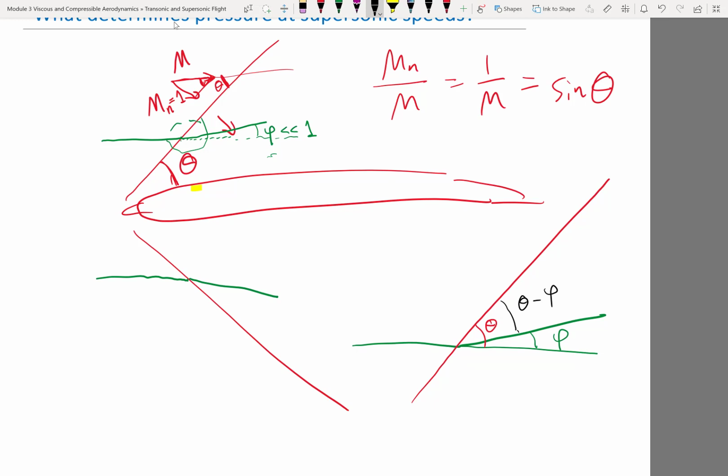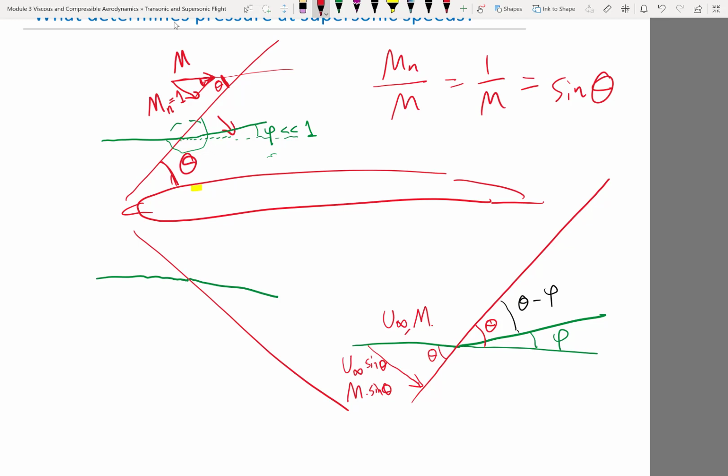We have the upstream velocity, so let's say the velocity is u infinity and M, and then the normal component would be u infinity times sine theta and M times sine theta, right?